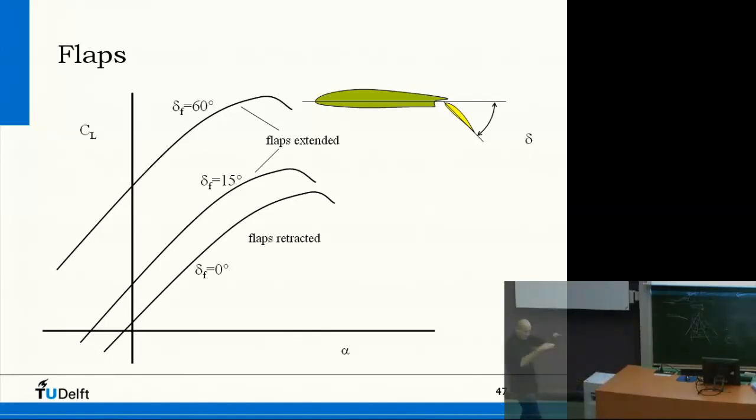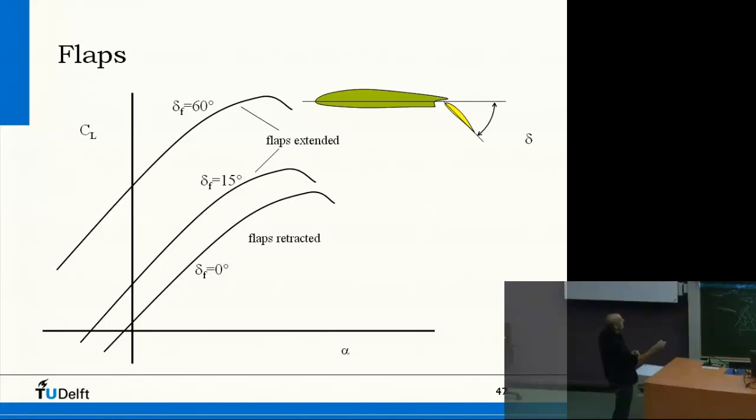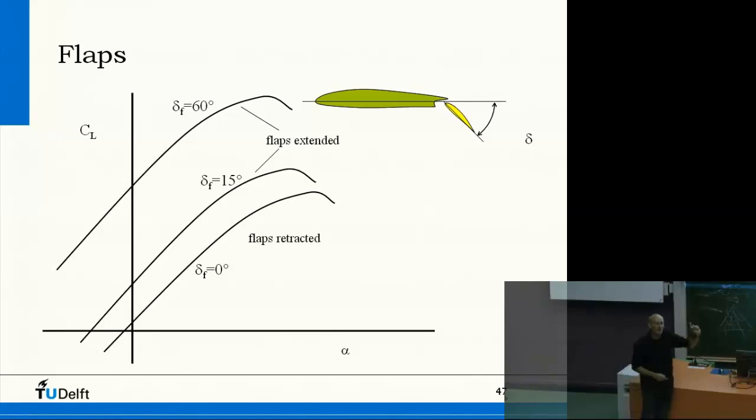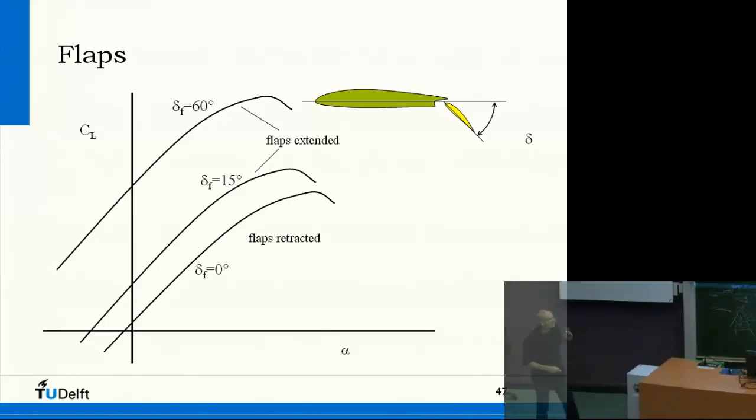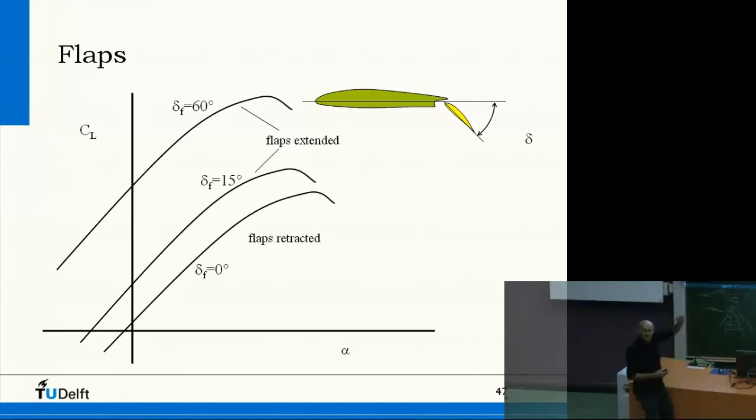Right? And this is just because of this increase in curvature. And that can go quite far. Here it is 60 degrees. And again, here you do nothing on the area, the wing surface. It's only CL that you change. Okay, but so the net effect of deflection of a flap is that you push up the CL.